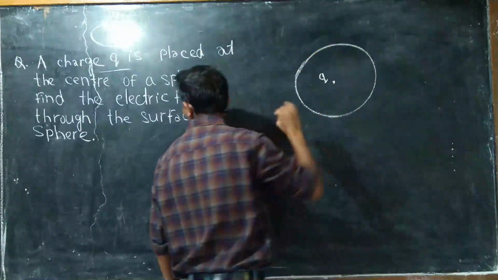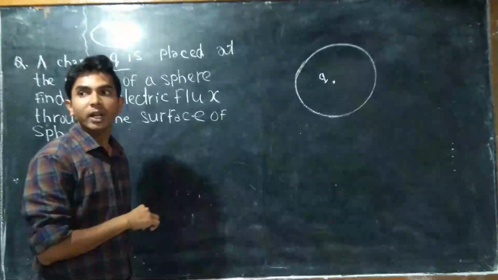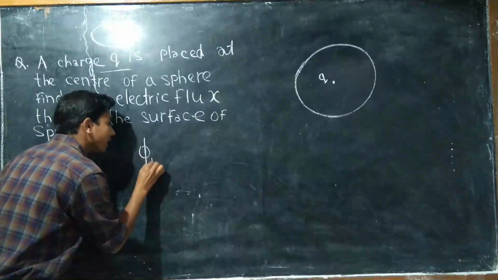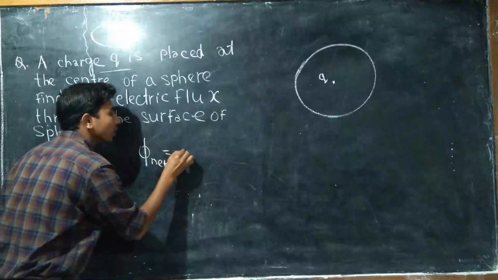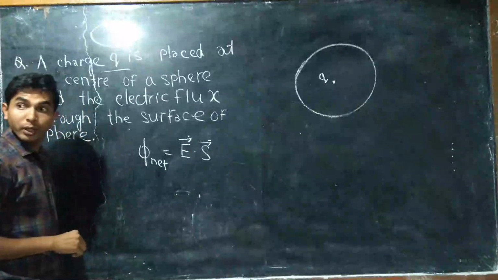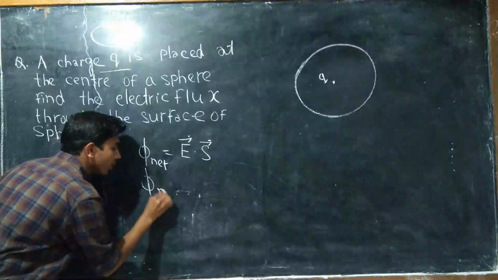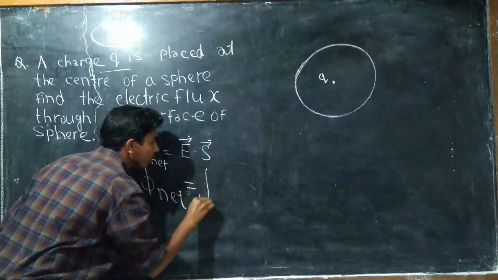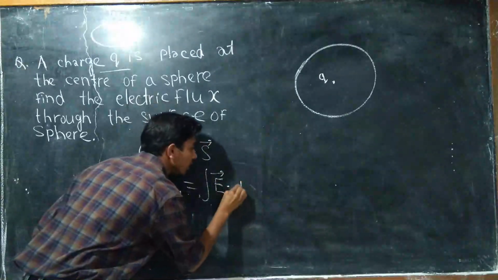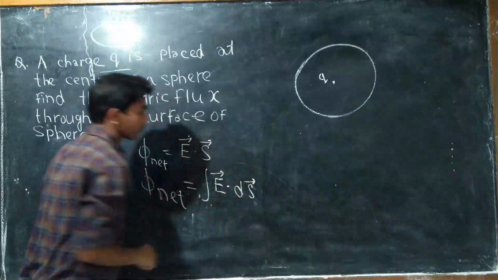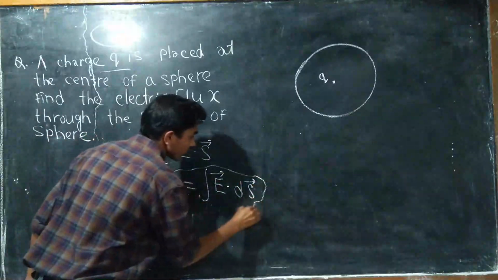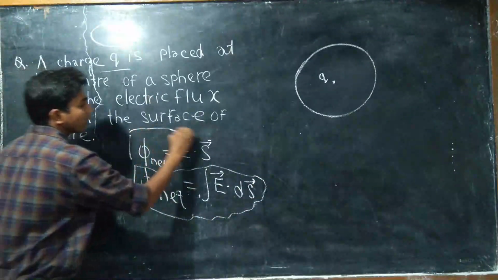So there are two formulas to find electric flux. Phi is equal to E dot S, and another one is phi is equal to integration of E dot dS.